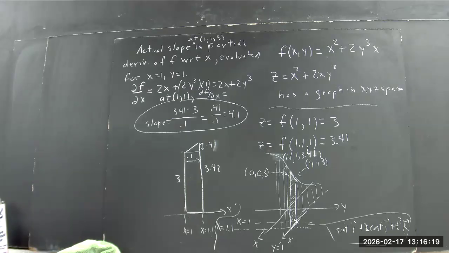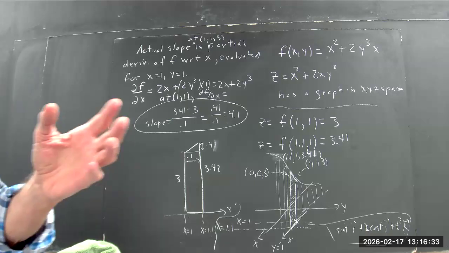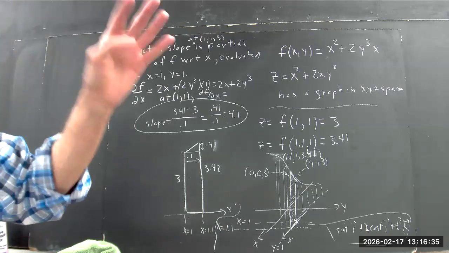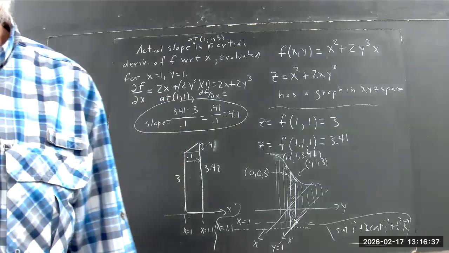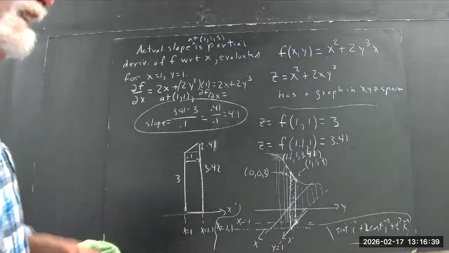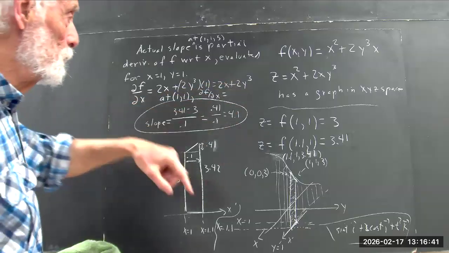Show me with your fingers. Give you a hint. X is 1 and y is 1. That's what the 1, 1 means, right? So if x is 1 and y is 1, this partial, everybody's waving at me. What is this? It's 4. Yeah, it's 2x plus 2y cubed.